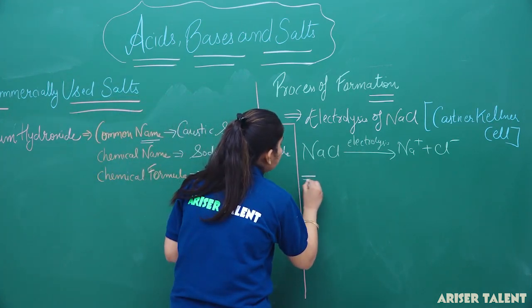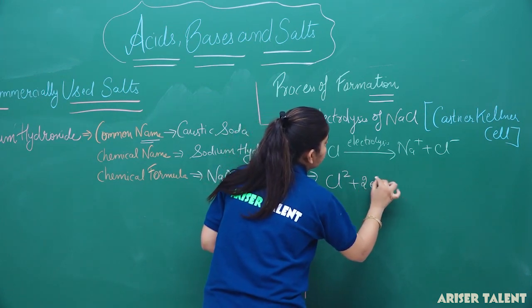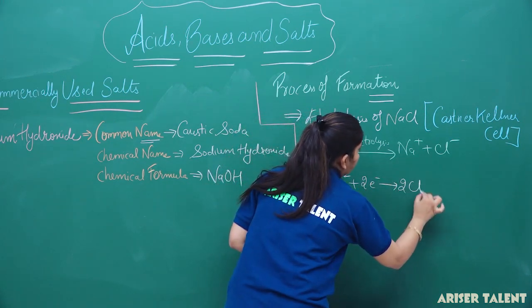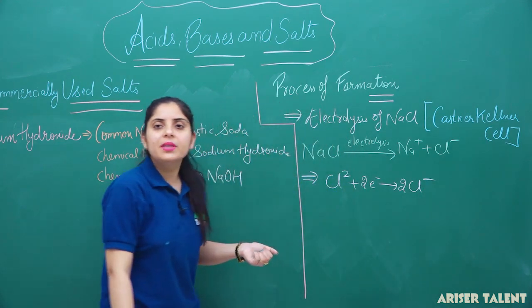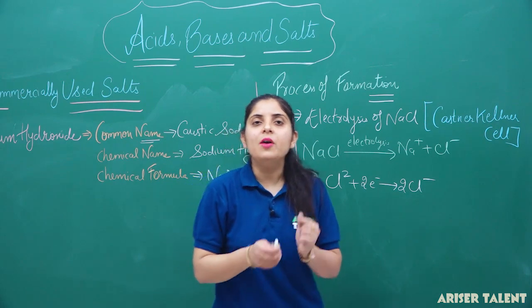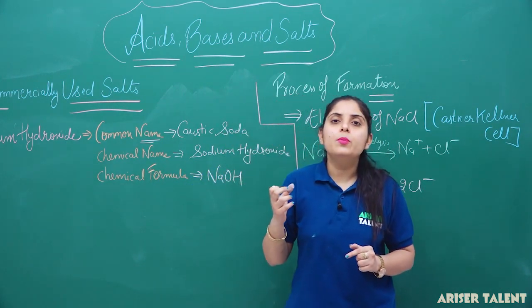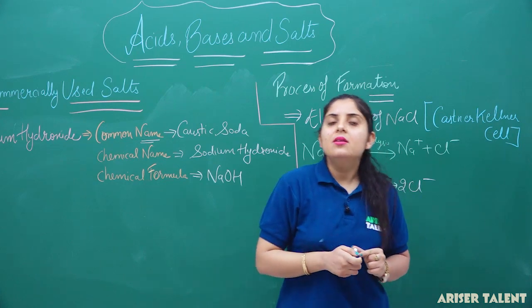Now in the next step, what is happening? Cl2 plus 2 electrons gives 2 Cl negative. This will be the general equation for the electrolysis of the chlorine. Now we have discussed that NaOH or the caustic soda will be produced only by adding the amalgam.